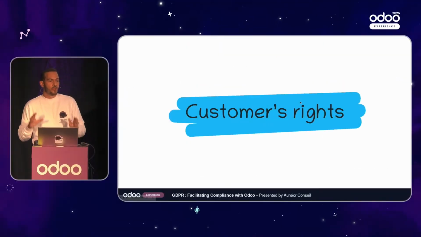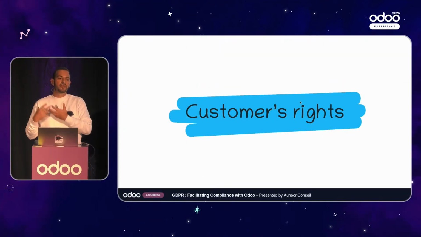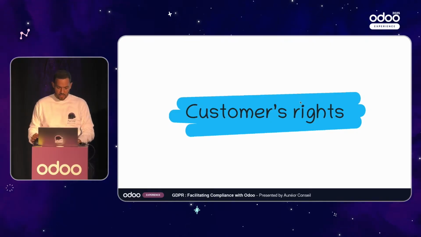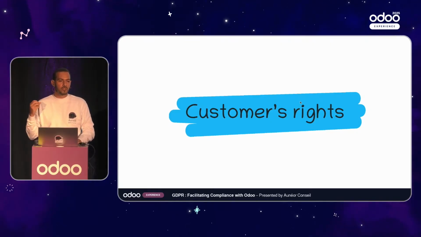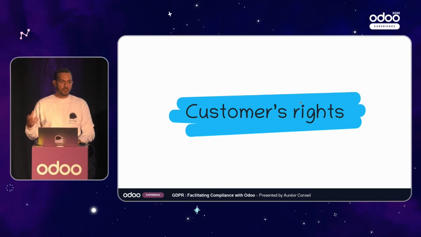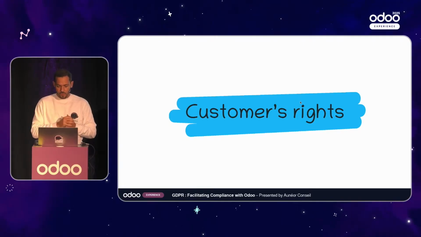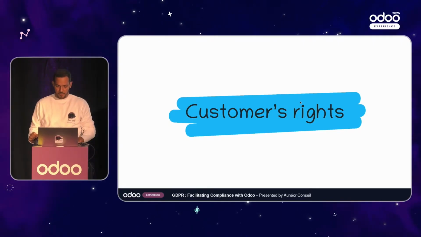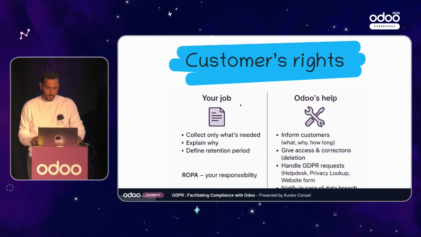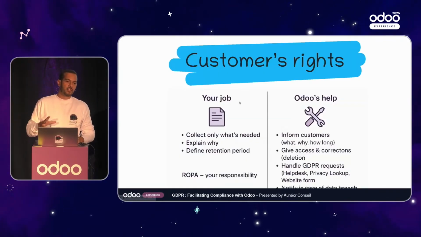Okay, so here we talk about internal processes, but of course GDPR is not only about the internal process, it also gives rights to our customers. And with it there's two sides.